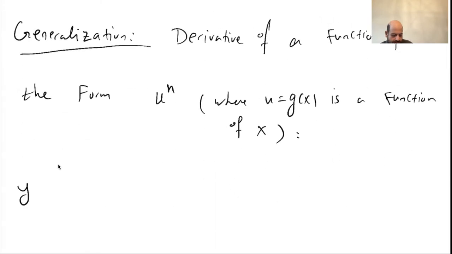So let's say y equals u to power n, then what will be dy over dx?